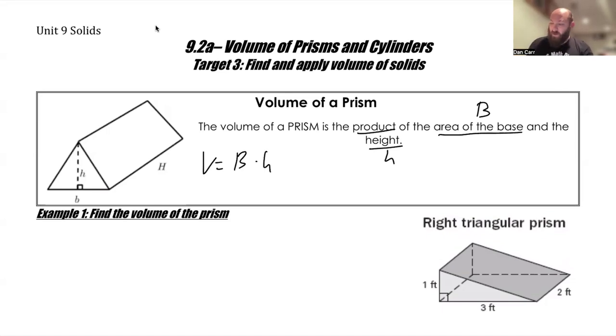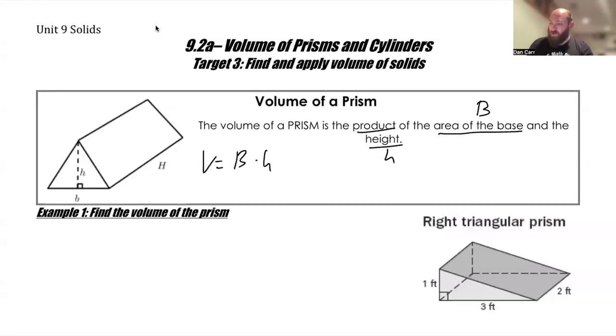Although if I look at this diagram, we're using a capital H here for the height of the prism, so let's be careful of that one. We'll make it a capital H just to be on the safe side. I'm talking about this height. Remember, this is the height that's between my bases, the distance between bases here.